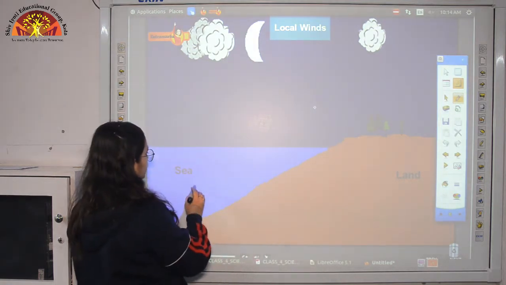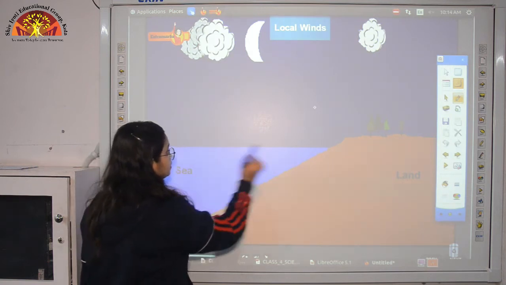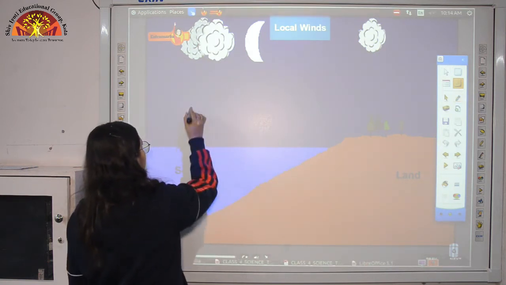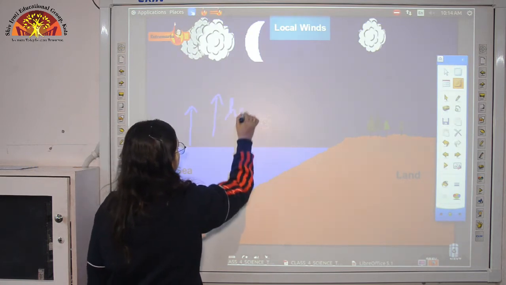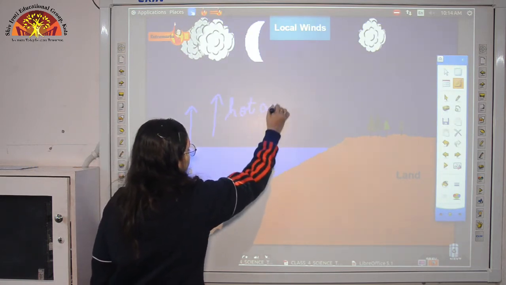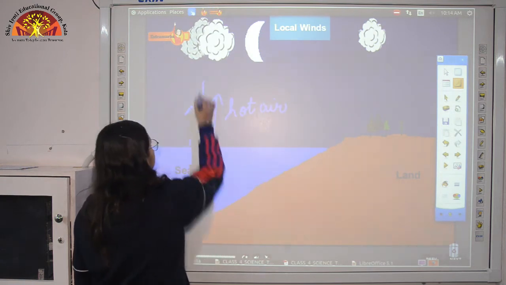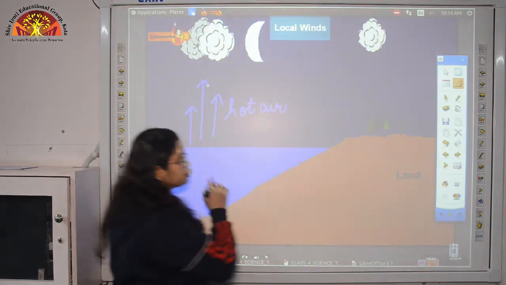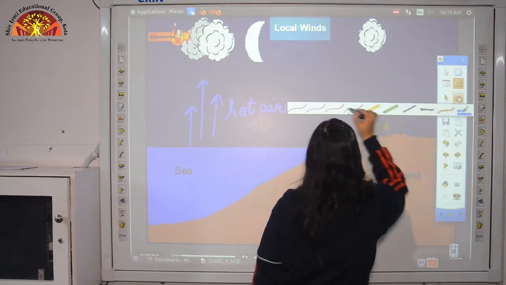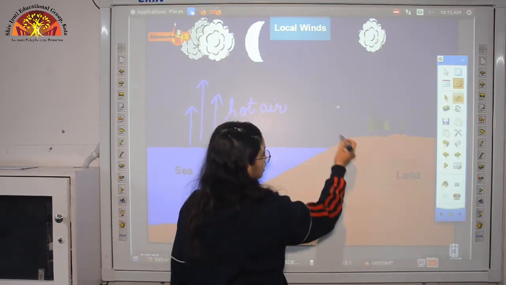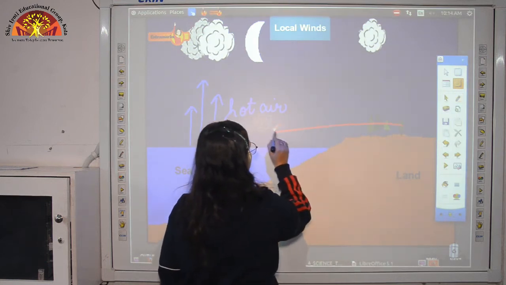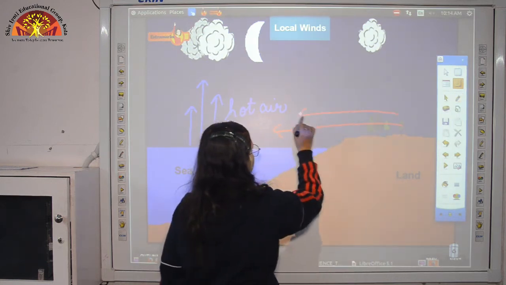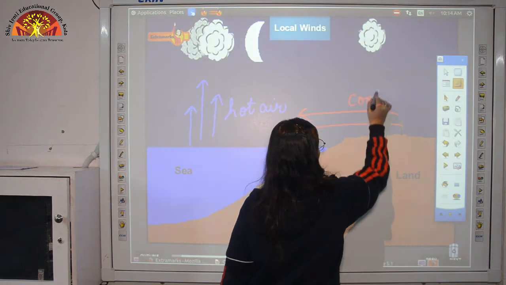Because this is hotter, it starts rising up. Hot air rises up. Due to this, the wind present over the surface of land starts moving towards the sea, because this is the cool air or cool wind.